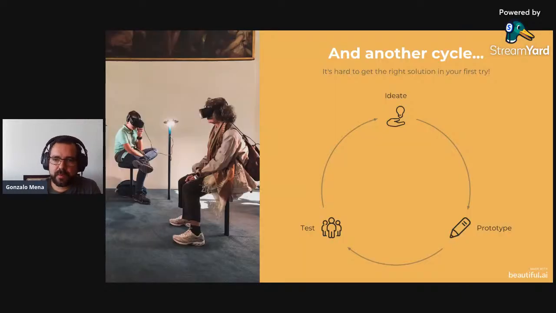If we go back to the cycle, you will fail constantly on the cycle because that's part of the process. And each cycle that you do, you learn something new. I learn a new way of presenting my prototype to people. I learn a new kind of products that I can use to create this prototype. I learn new ways to introduce this new technology, this new gadget, to people that sometimes are not tech savvy.